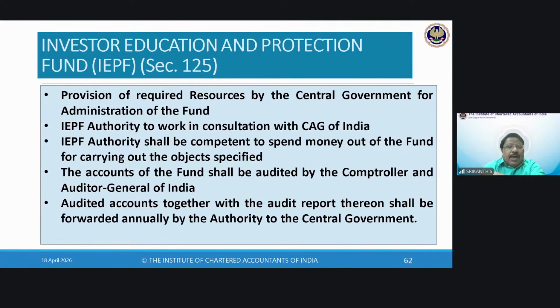The IEPF authority shall be competent to spend money out of the fund for carrying out the objects specified. So what we saw now are the 4 important objectives that have to be done. And the accounts of the fund shall be audited by the CAG. The audited accounts, together with the audit report thereon, shall be forwarded annually by the authority to the central government.